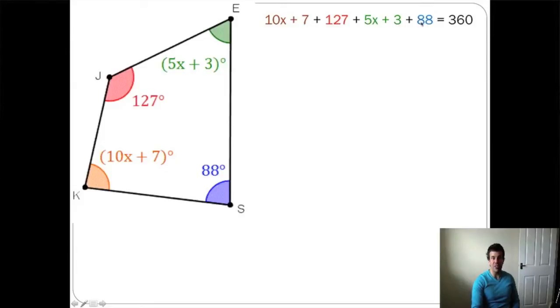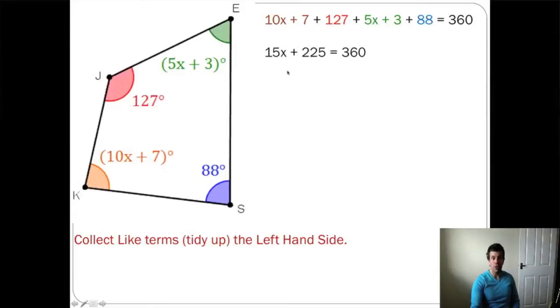Well, plus 90 would be 227, minus 2, 225. So the left-hand side of the equation is simplified, or tidied up, to 15x plus 225. The right-hand side is 360.